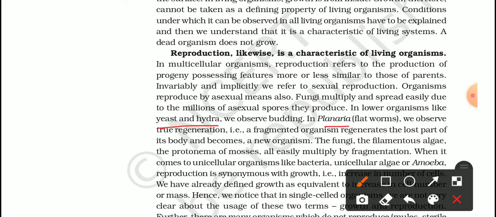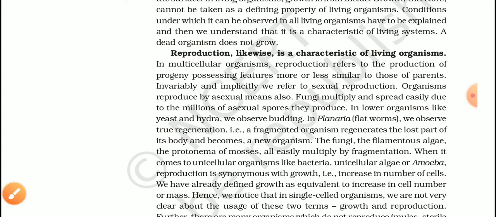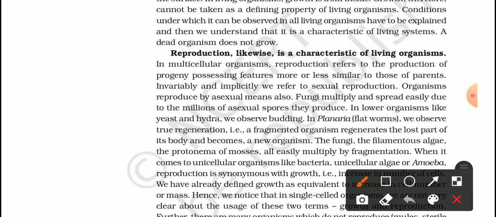In planaria, flatworms, we observe true regeneration. That is a fragmented organism. From a fragment, new pieces are formed, and from these pieces new individuals will grow. As simple as that. A fragmented organism regenerates the lost part of its body and becomes a new organism. This is regeneration.